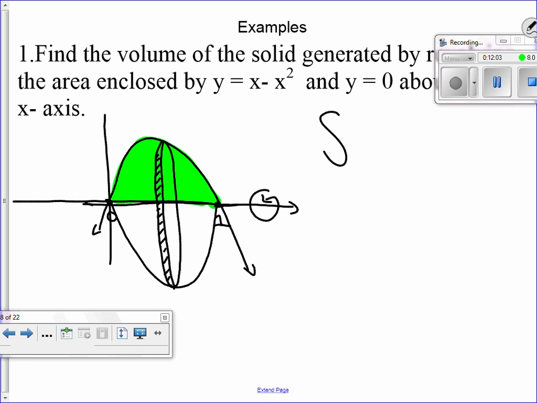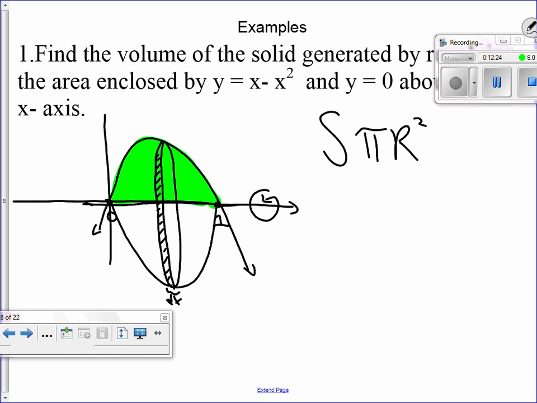Do you remember that each slice had a volume of pi r squared times thickness? What you have to decide is whether the thickness is going to be dx or dy. A small change in x, dx.